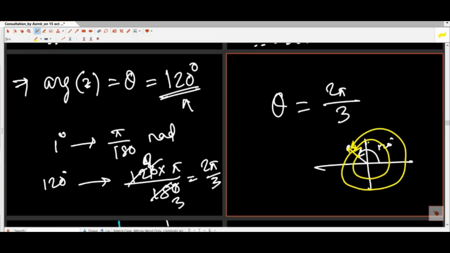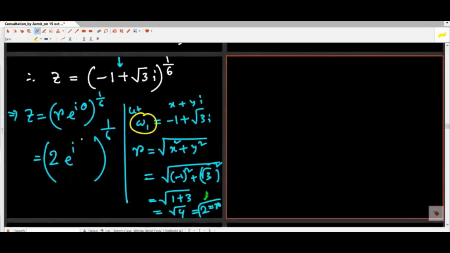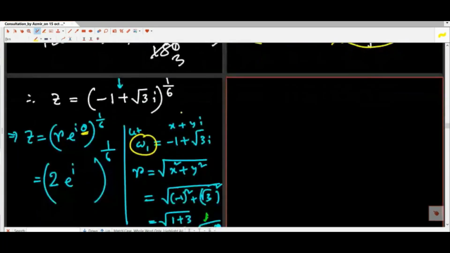That means whatever rotations of 360 degree we make, we get the same line. We can come from the positive direction or negative direction. So theta is equal to theta plus 2k pi, where k equals 0, plus minus 1, plus minus 2, like that. So small arg of z can be theta plus 2k pi. This is the broader sense. So let us plug in theta at first. Theta is 2 pi over 3.